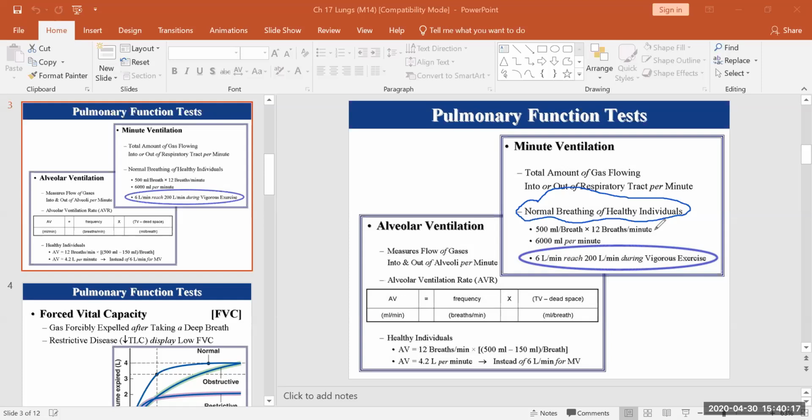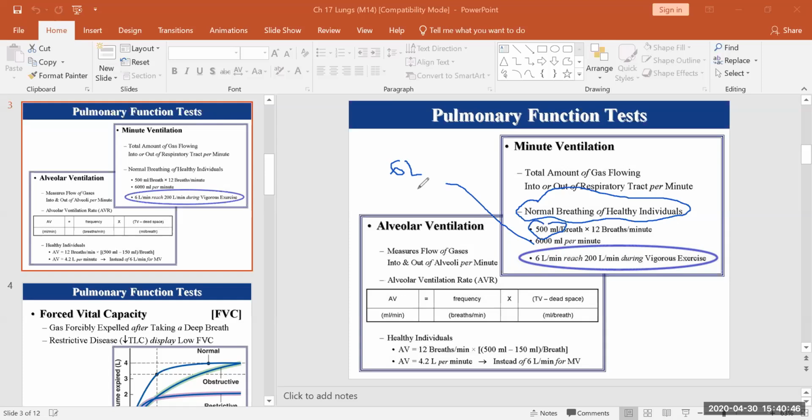And in that minute, there are 6 liters per minute. So we are breathing out half a liter per breath, right? That's the tidal volume. If we have 12 breaths per minute, 12 times 500, that's 6 liters per minute, right? So at rest you are displacing 6 liters per minute.